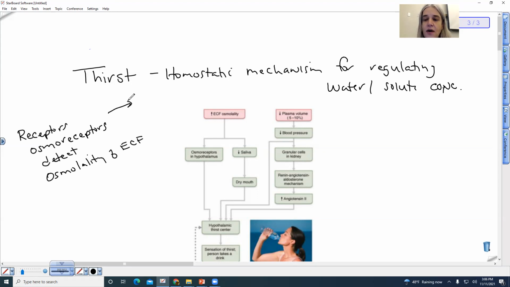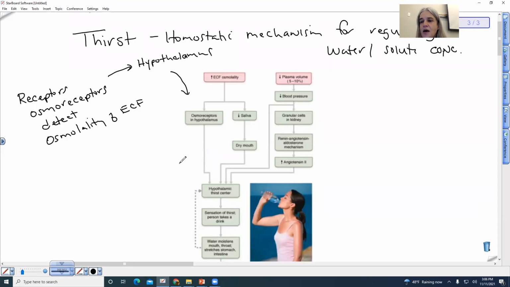So the control center is my hypothalamus. The response includes going into the salivary glands, so you have a decrease in saliva production. This is going to make your mouth feel really dry, and that dry mouth is going to make you feel thirsty.